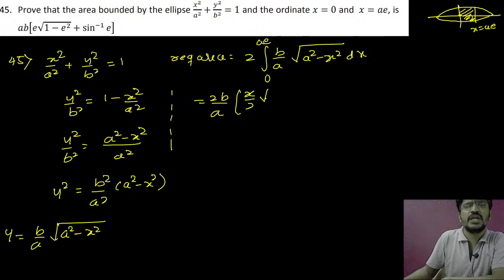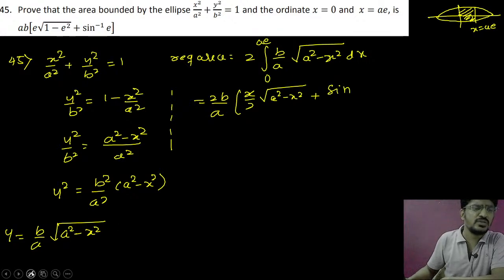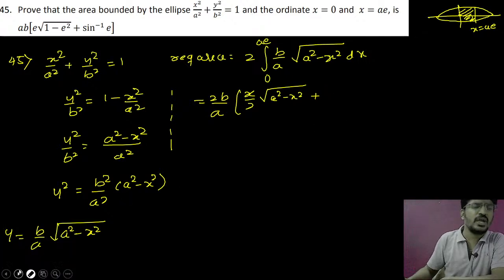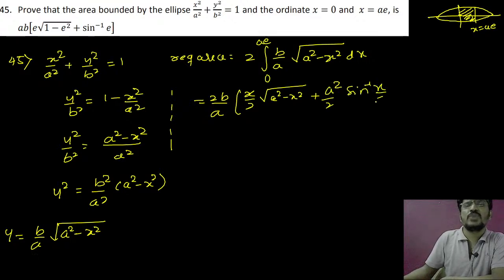Formula is x by 2 root of (a square minus x square) plus a square by 2 sine inverse of x by a. Okay, not plus c, because here limits are 0 to ae.